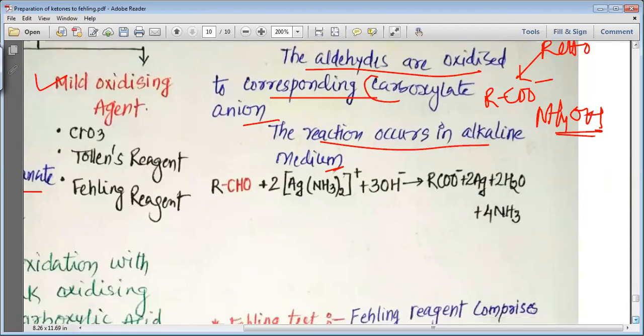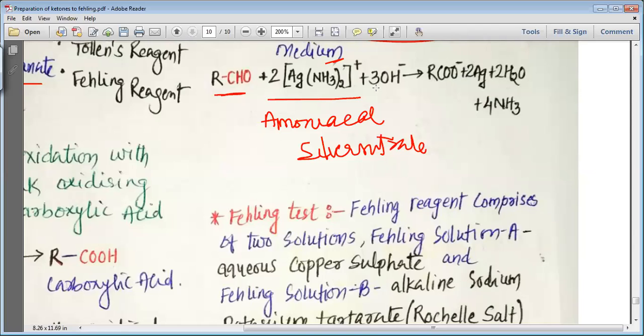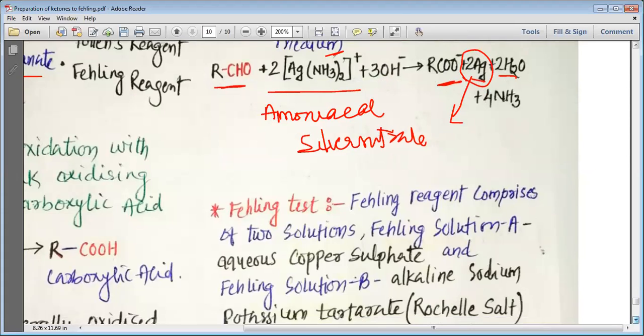You can see the reaction that I have shown you: RCHO, with the ammoniacal silver nitrate in the presence of OH minus, gives this carboxylate ion and silver. This silver metal which is produced deposits on the wall of the container, and ultimately we get the silver mirror.